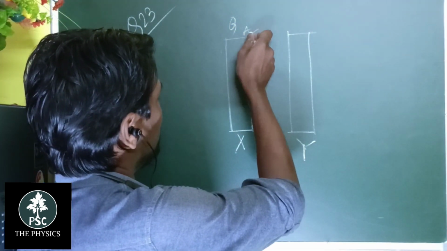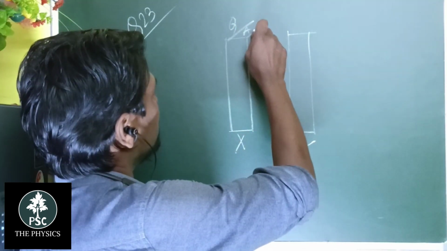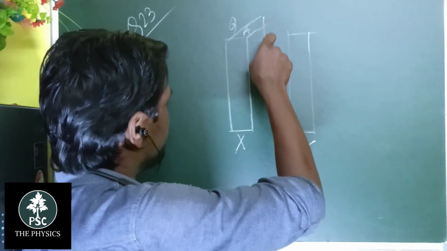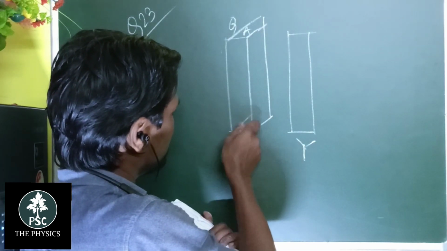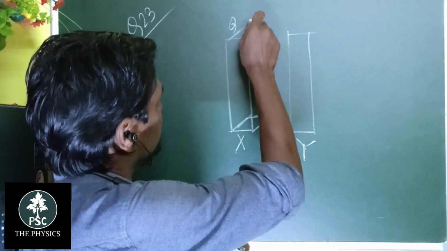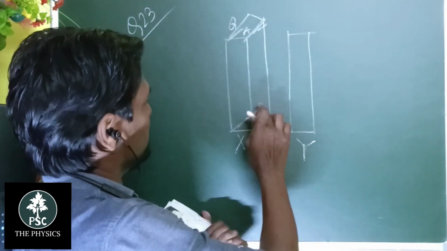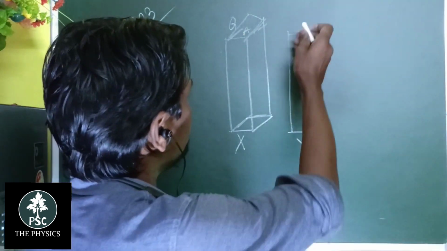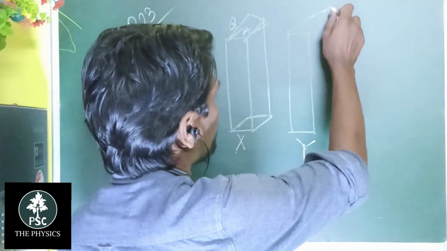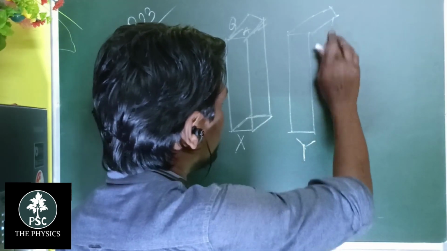If we take a three-dimensional configuration, then we can draw it like that. This is a plate, and this is also a plate.